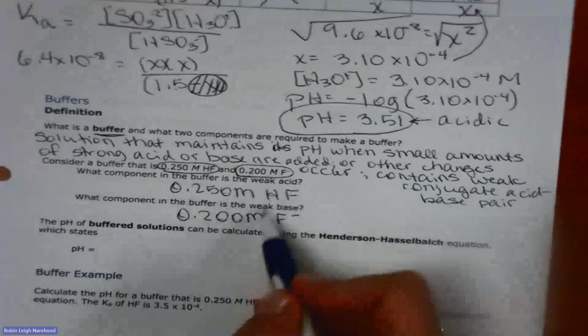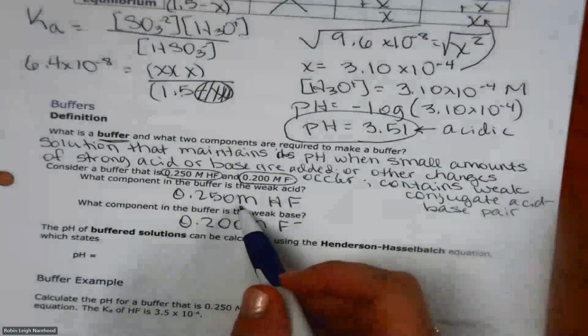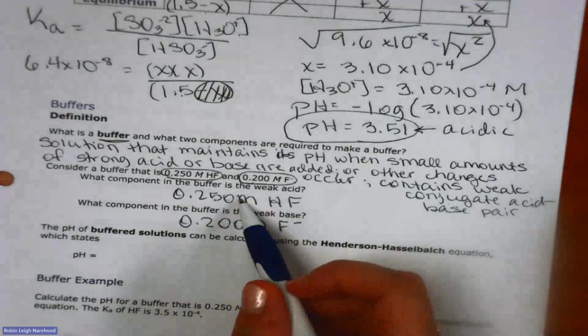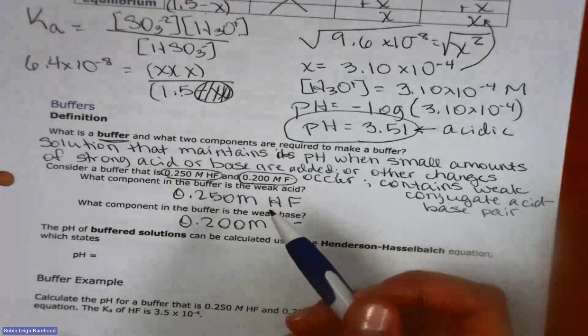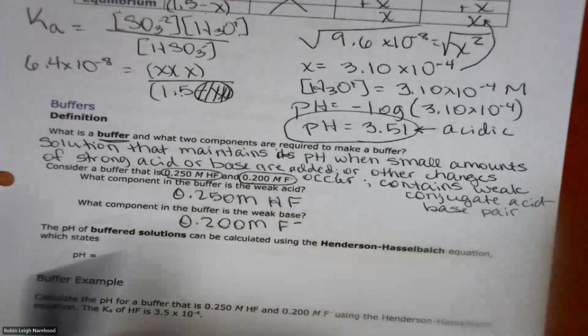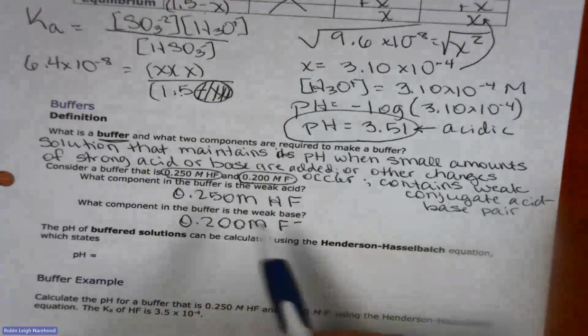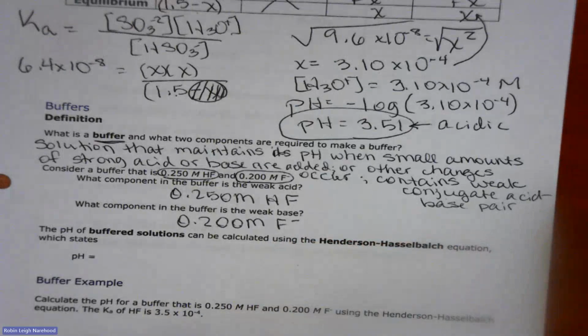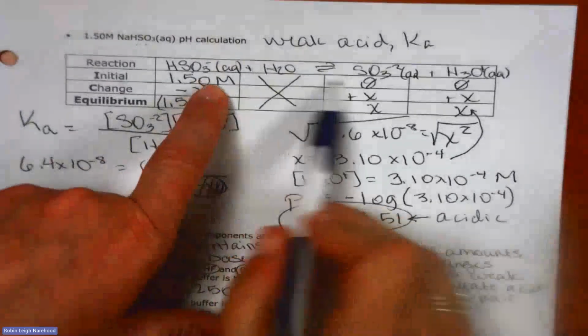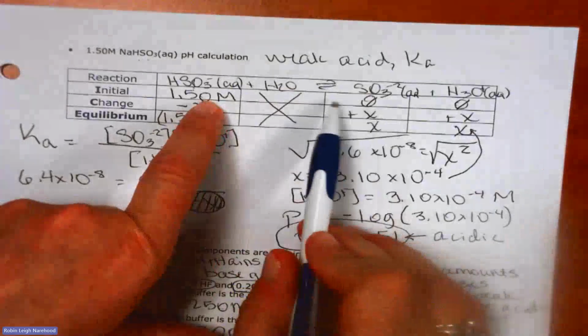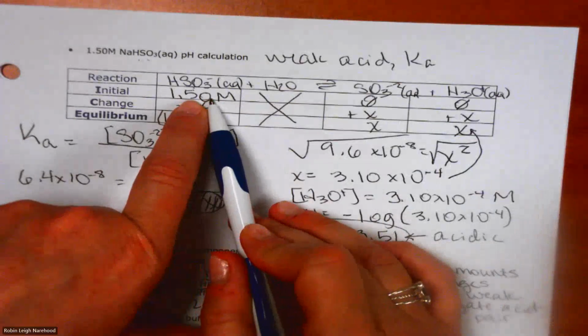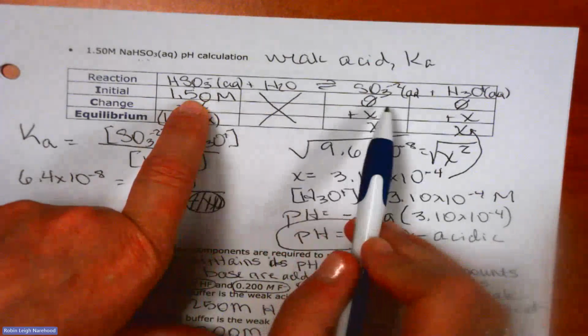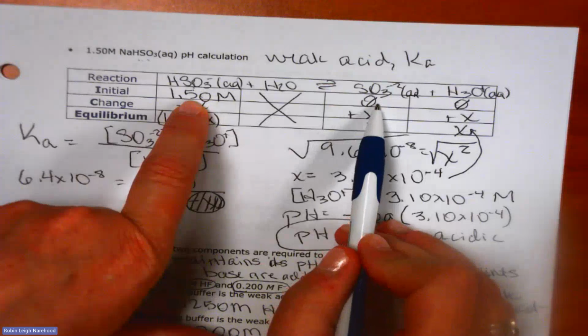If you have a buffer, this is part of what we went over in solubility, which is the common ion effect. With a common ion effect, your X is going to be lower because you've already got part of the product. So in a buffer, your initial concentration of the conjugate would not be 0.